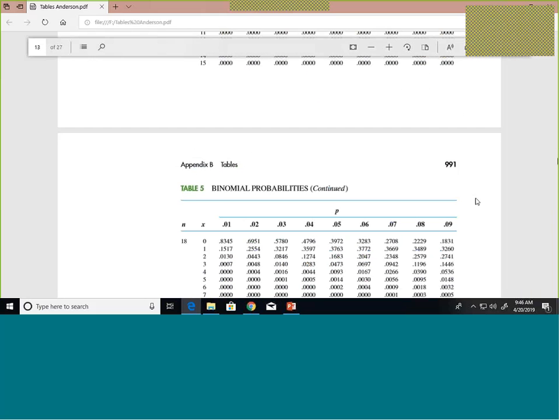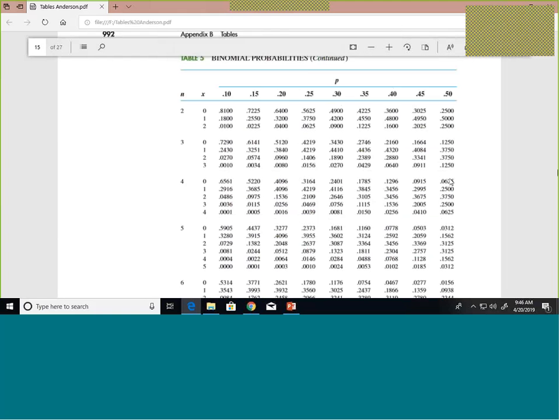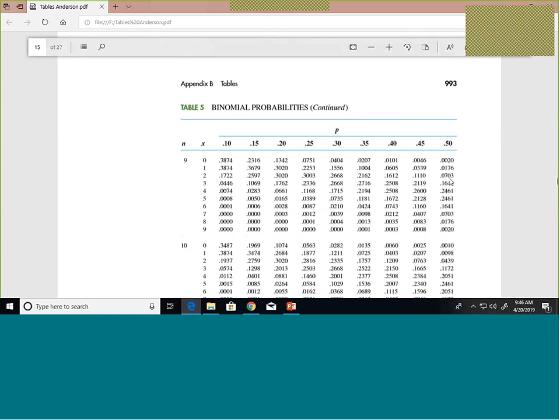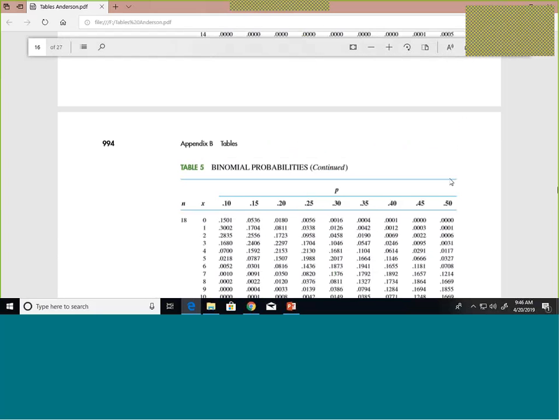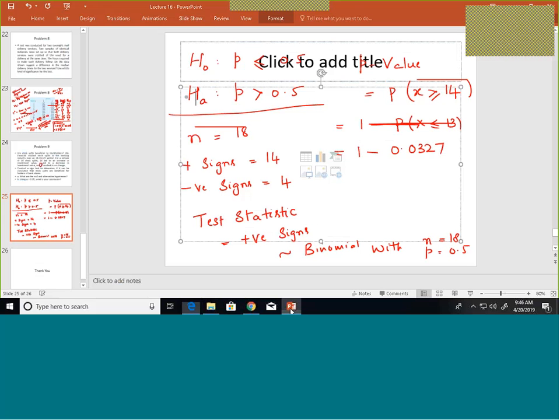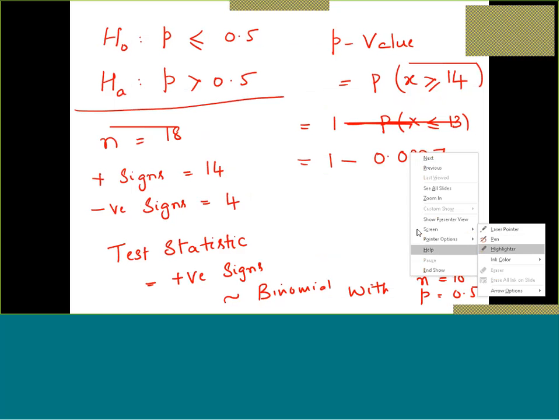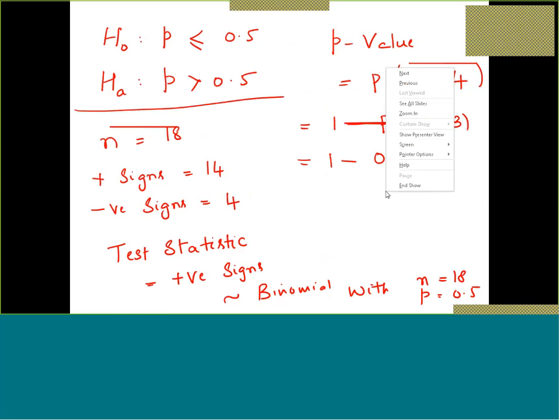So then it will be difficult. So you have to take care of that. Then it's very difficult for us. The table is of different kind. So this is wrong.